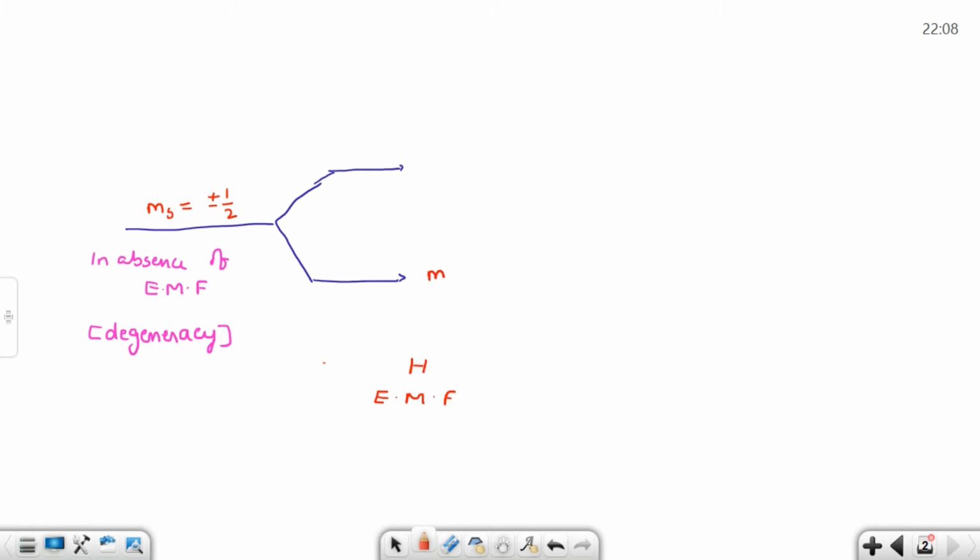The spin state aligned with the external magnetic field has low energy, and the spin state against the external magnetic field has high energy.